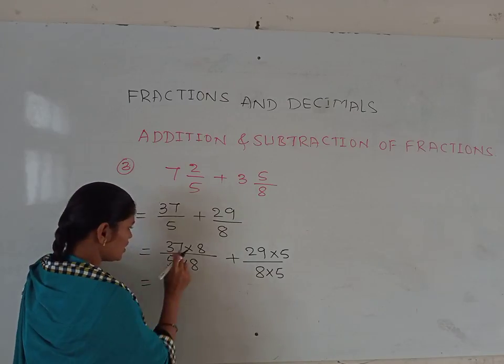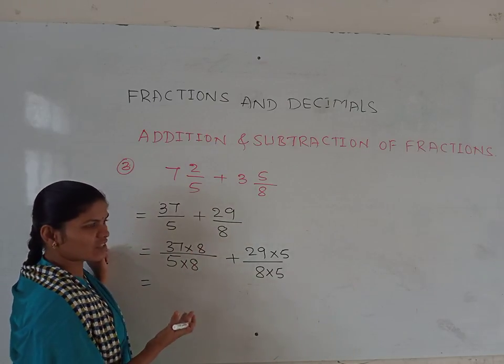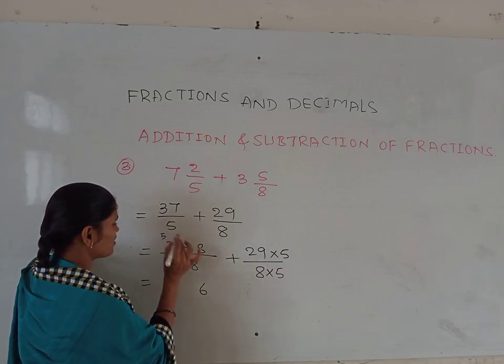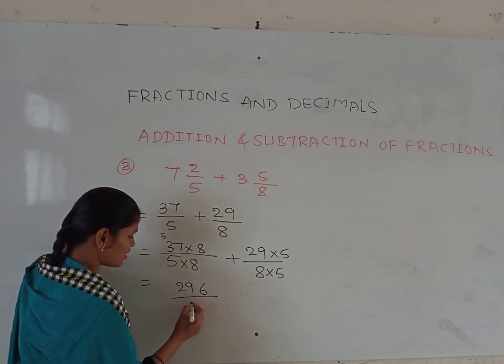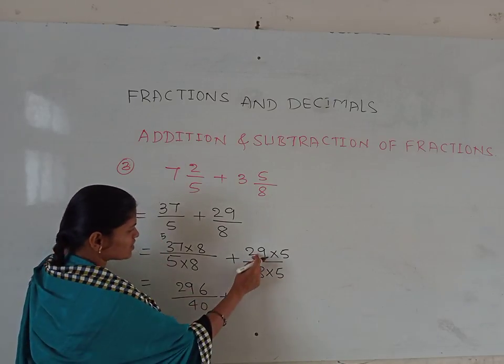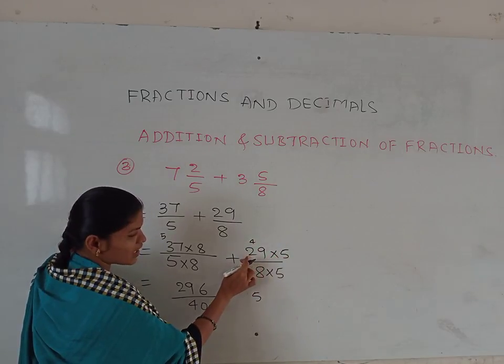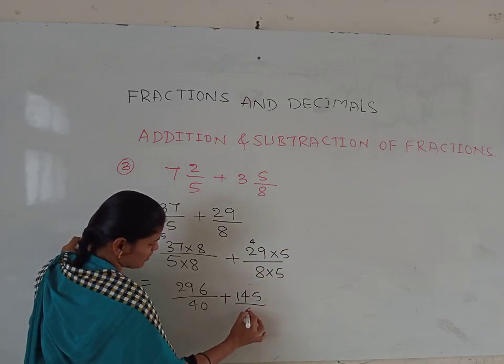Now 37 into 8, we can multiply 37 by 8. 8 sevens are 56, 5 carry. 8 threes are 24 plus 5, 29. 296 by 40. Plus 5 nines are 45, 4 carry. 5 twos are 10 plus 4, 14, so 145 by 40.